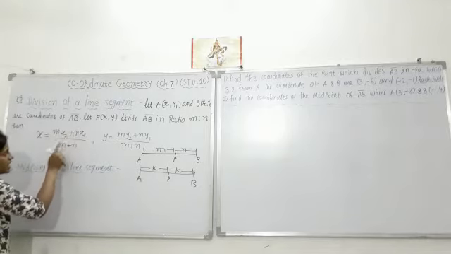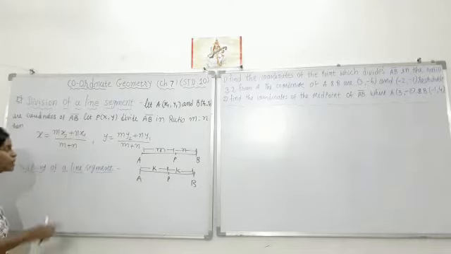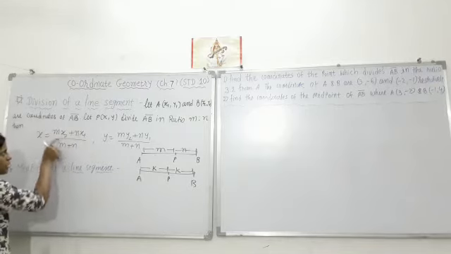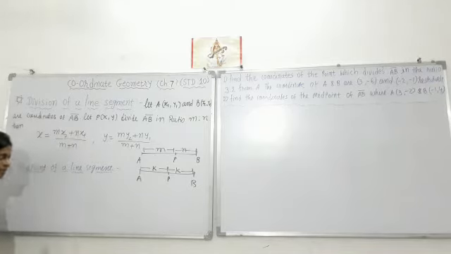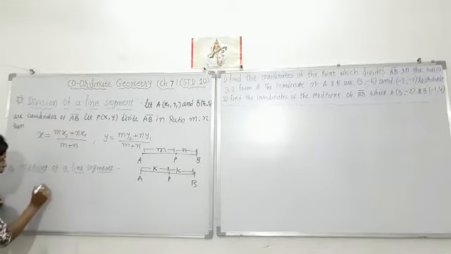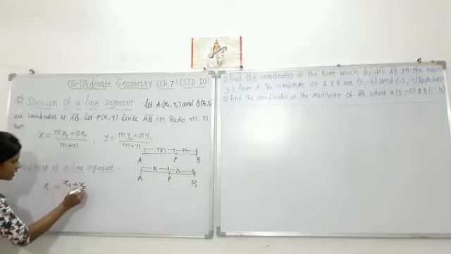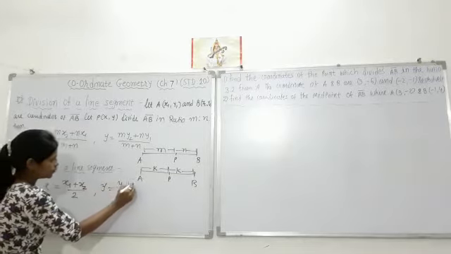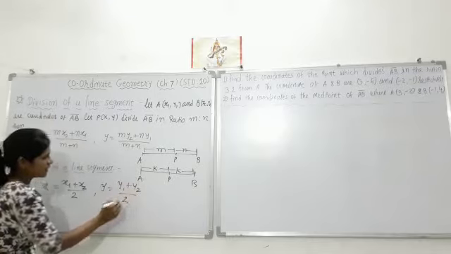Kx2 plus Kx1 upon K plus K. If you take K outside, then this becomes K times x2 plus x1 upon 2K, and here K will be cancelled. So your midpoint formula is x equal to x1 plus x2 divided by 2 and y equal to y1 plus y2 divided by 2.